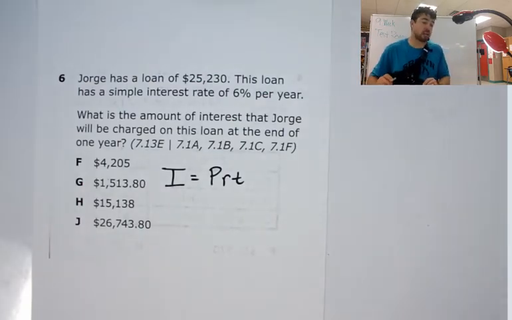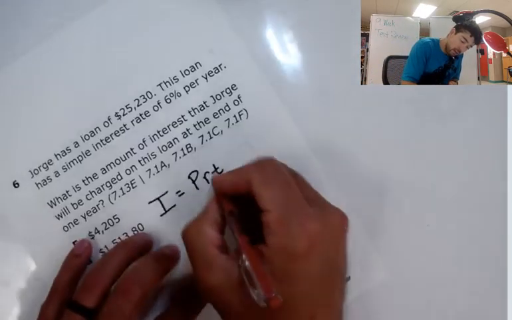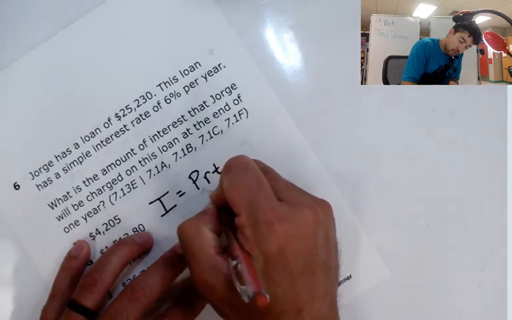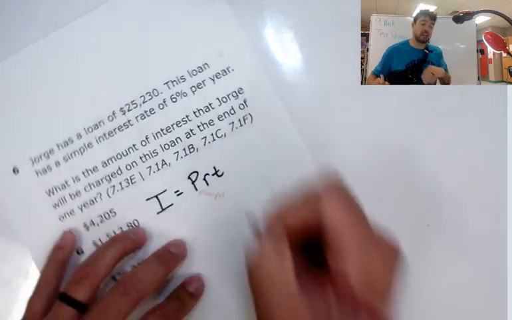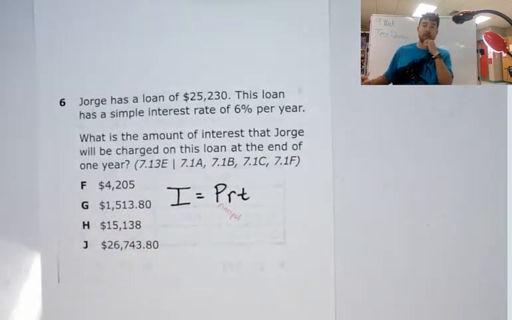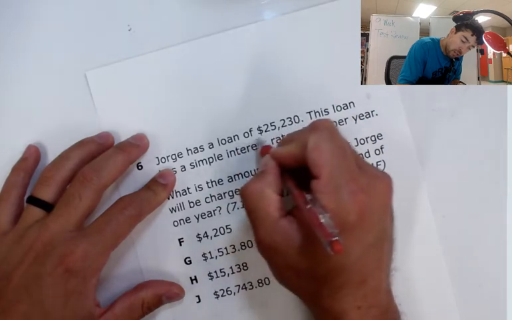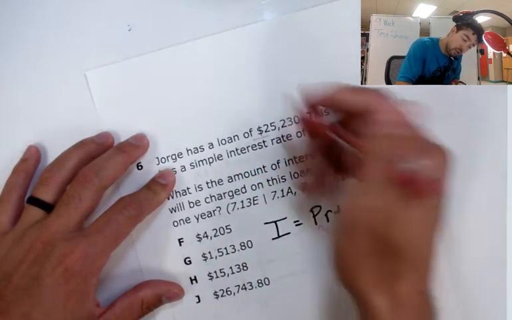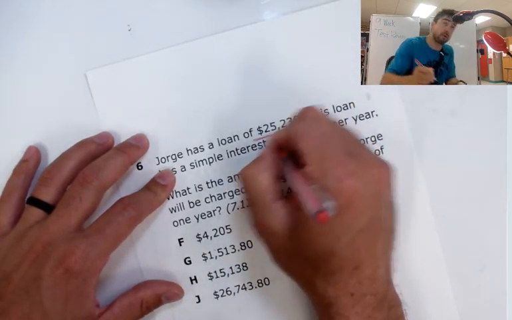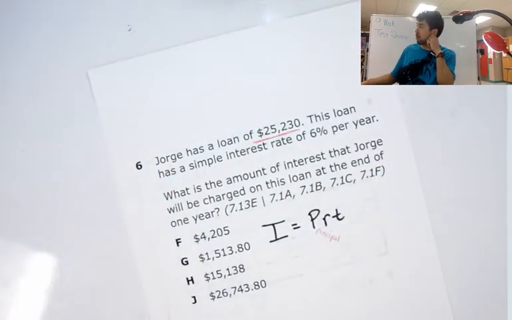Now, the P stands for principal. So write it. P stands for principal. And principal is the amount of the loan. So in this case, the loan is $25,230. That's the principal. Say the principal is the amount of the loan.